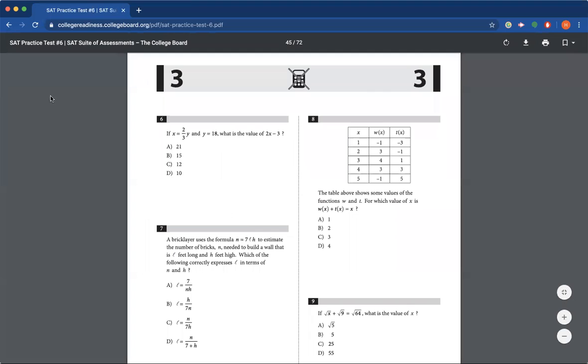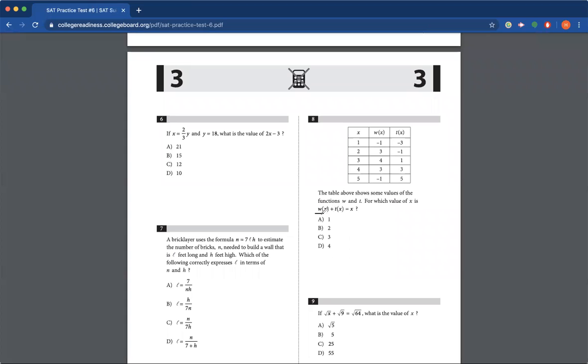Okie dokie. So in this question, they're asking what is x? When does this equation hold true? So when does this plus this equal this, right? So if you test each one, when they say x is 1, we have to test this one because they're asking for a value of x. So if you do -3 plus -1, this gives -4. -4 is not equal to 1, so that's incorrect.